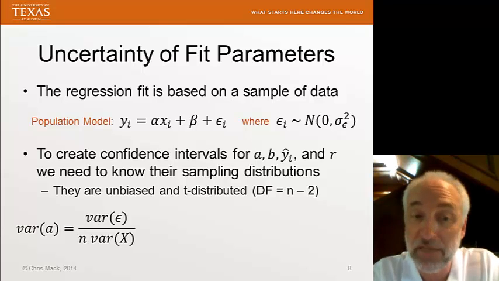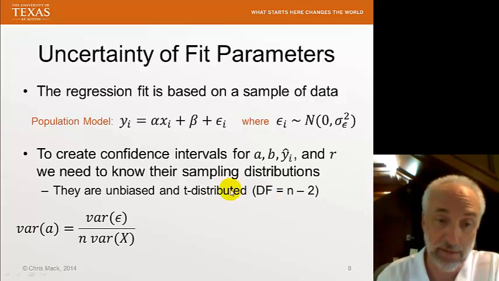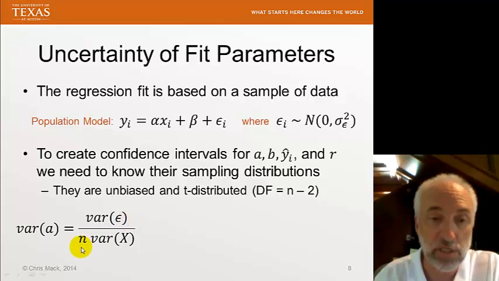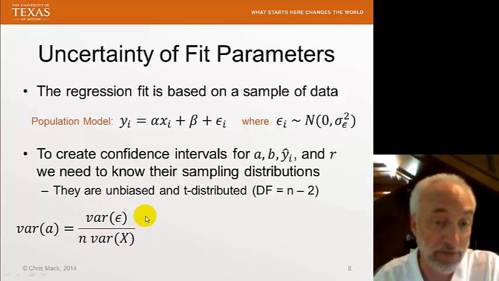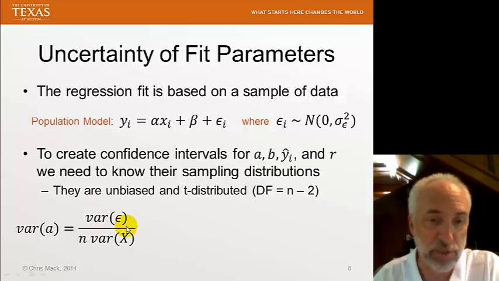The variance of a will equal the variance of our residuals divided by n times the variance of x. So I've got a set of data. I can estimate the variance of the residuals. I can estimate the variance of x using the variance of my x values in my data, and n is of course the sample size.